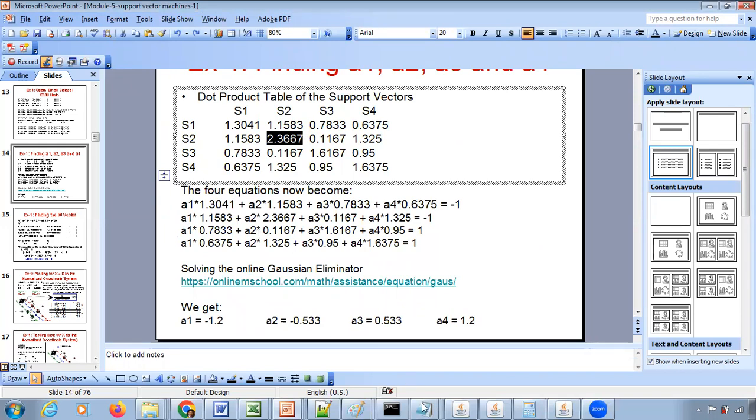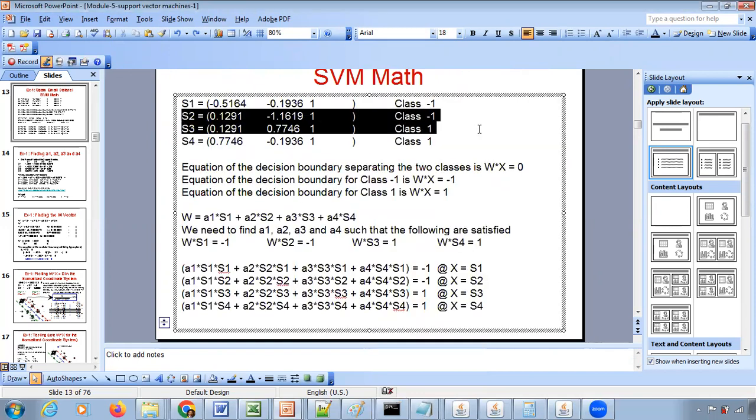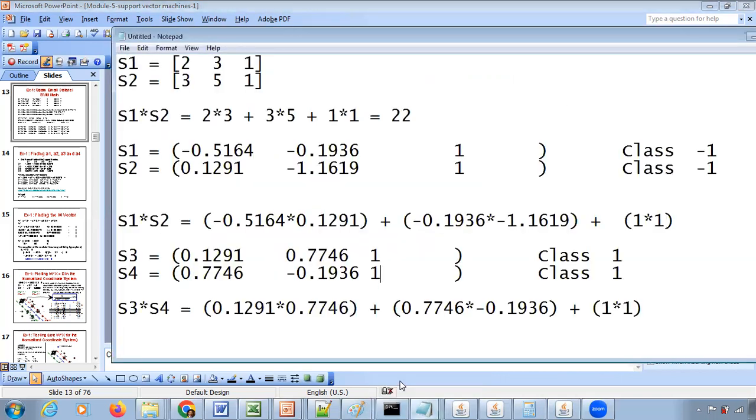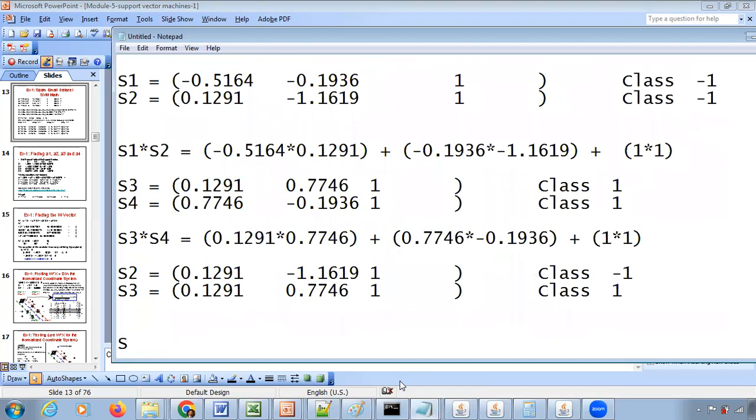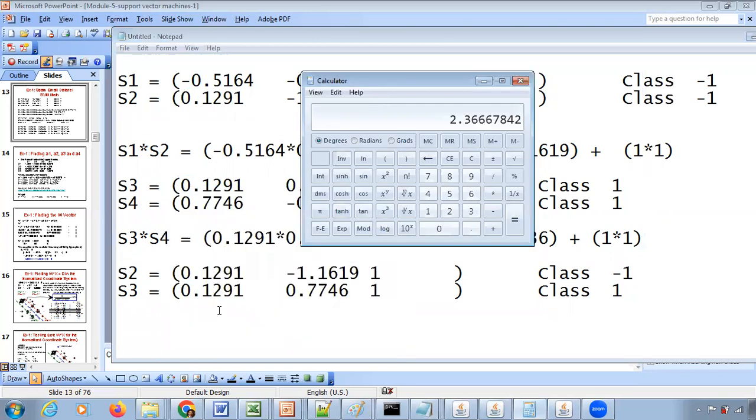I'll just do one more, the last one, just to make sure you're clear on this. So let us pick S2 and S3 and do the dot product. We're just going to use calculator. It happens that the first term is the same for both. That's just coincidental. 0.1291 times 0.1291.